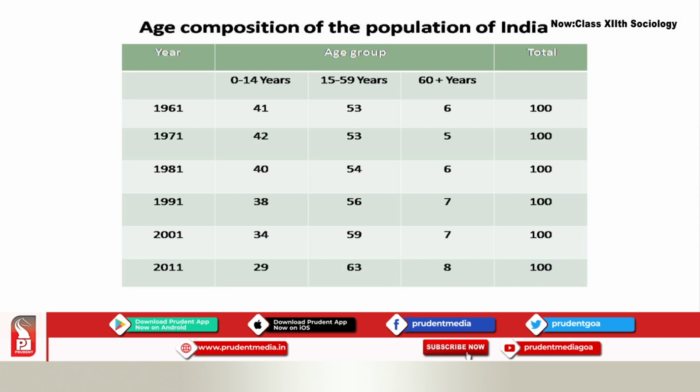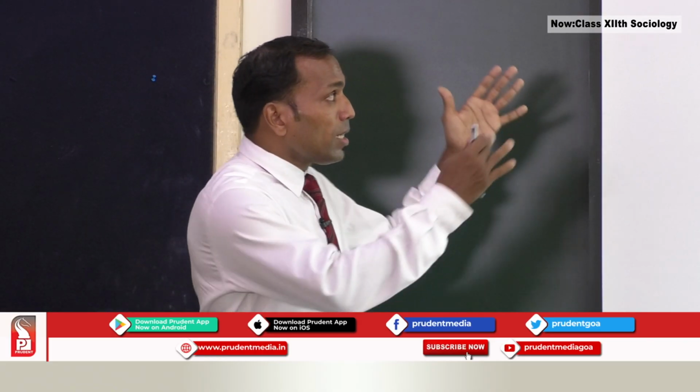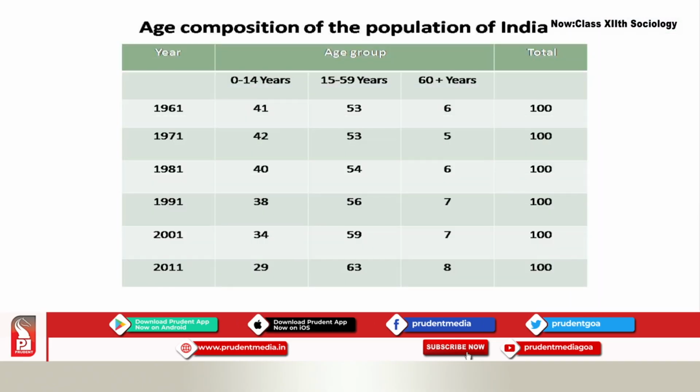Down the line we can see 6%, 7%, again 7% in the year 2001, and in 2011 there is an increase in the 60 plus age group, that is 8%. So we have the age structure composed in these three different groups: up to 14 years of age, then 15 to 59 years of age, and then 60 plus years.